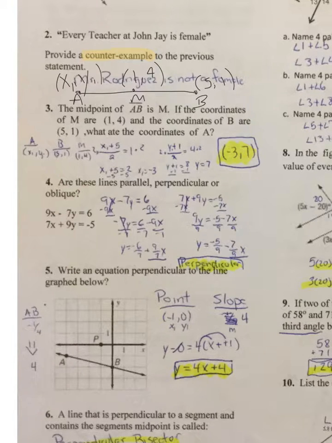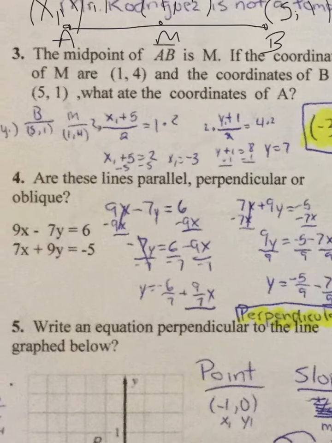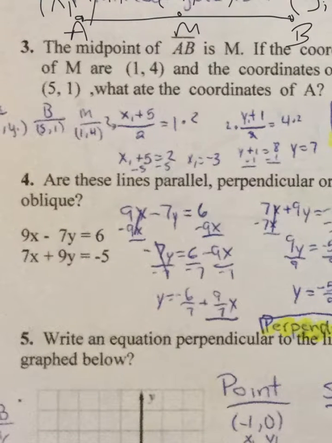There are two ways to do that, and the first way I show you down here is the actual algebra. I didn't really go over this much in class, but if you put A and B into the midpoint formula, your A is unknown, so that's where you get x1 and y1 here. But what you do know is what the midpoint is supposed to give you, (1, 4).